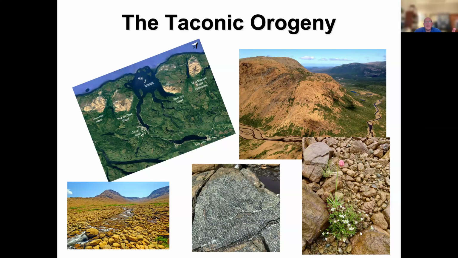So the tablelands are composed of these rocks composed of ancient oceanic crust and mantle, and they have unusual properties, unusual chemistries. They're really high in nickel, they're high in magnesium, they're high in chromium, iron, cobalt, and have some unusual minerals.